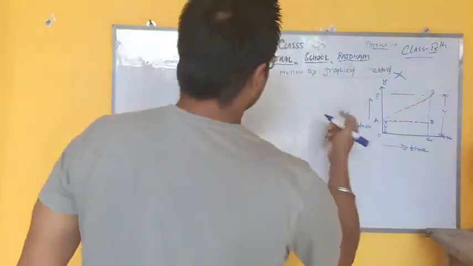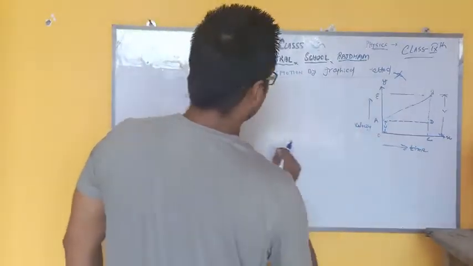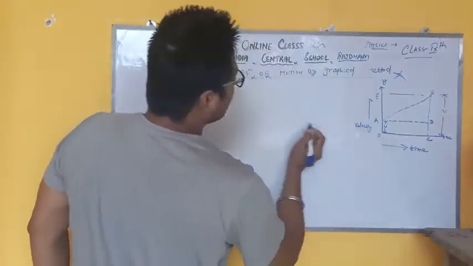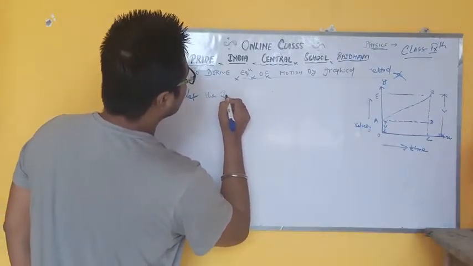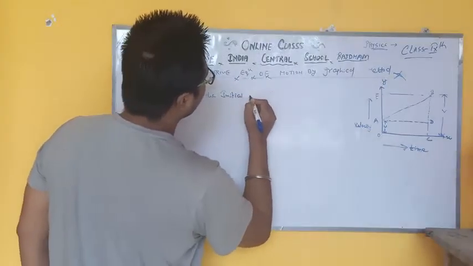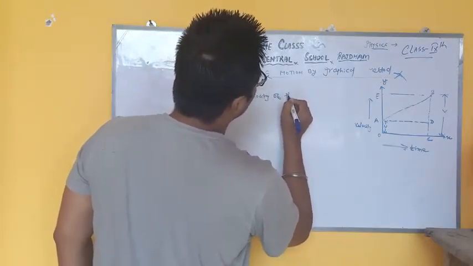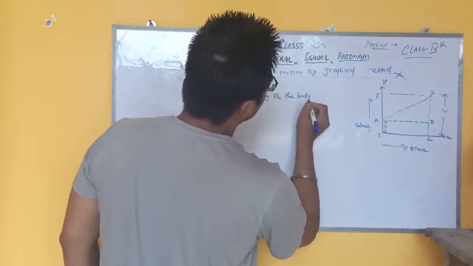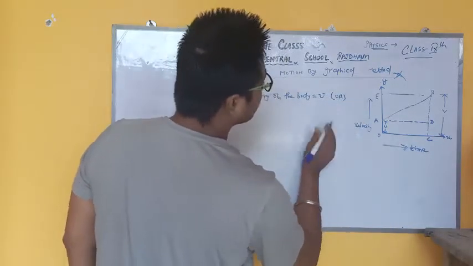So let us look at the graph. Let the initial velocity of the body be equal to u, which is nothing but OA.